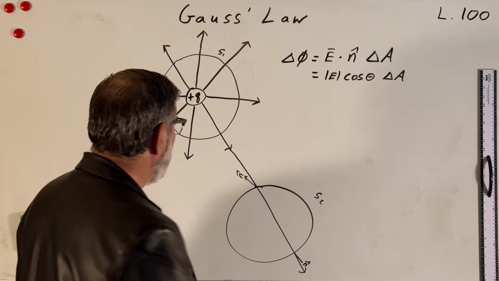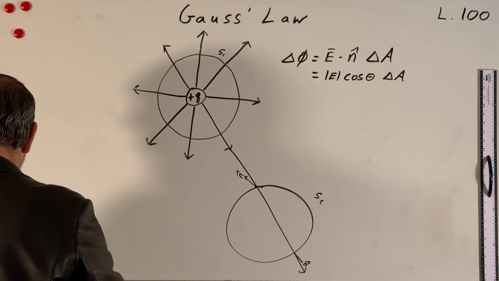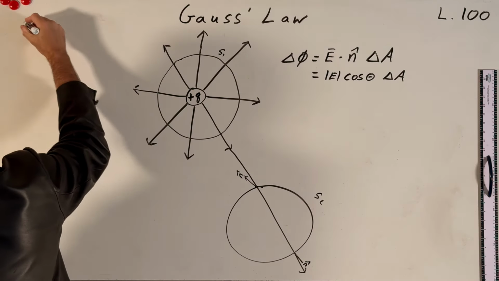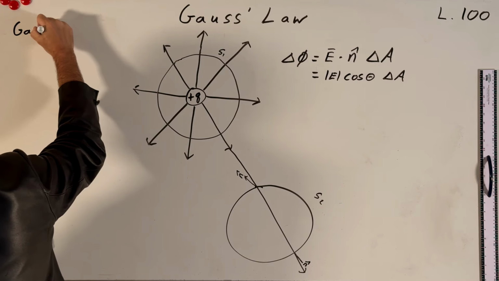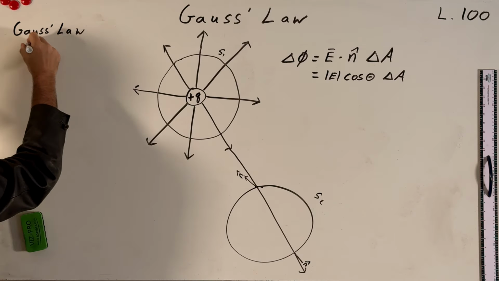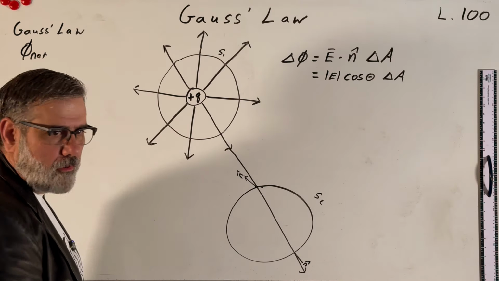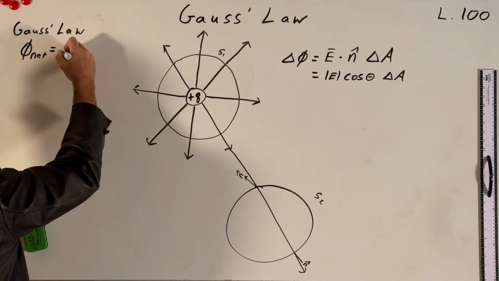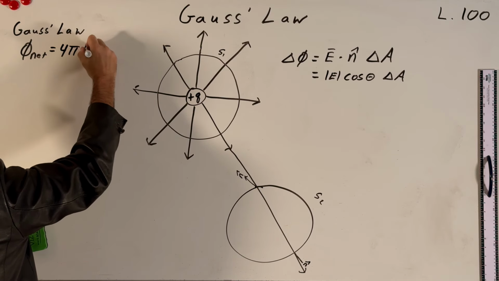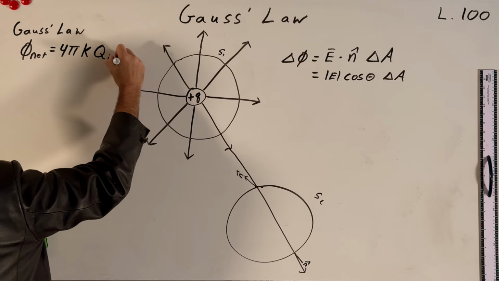So there's a law, it's called Gauss's law, and it says that, where should I put it? I'll put it over here. Gauss's law says that phi net, the electric flux to be specific, is equal to 4 pi k, that's the Coulomb constant, times Q inside.